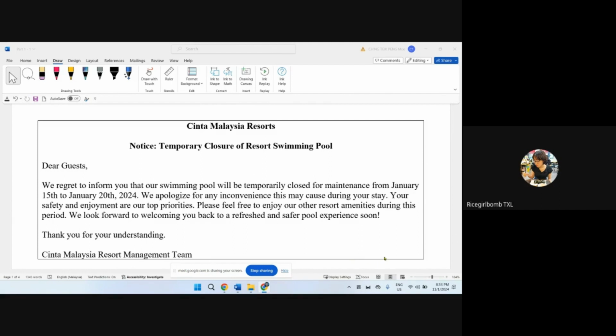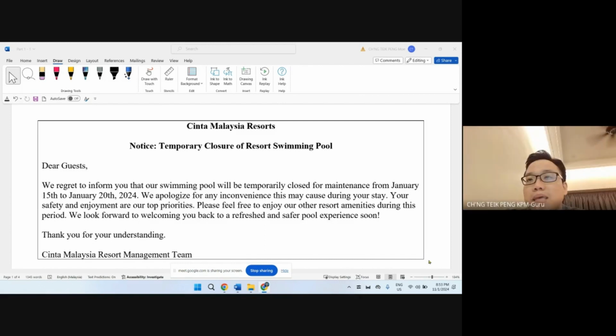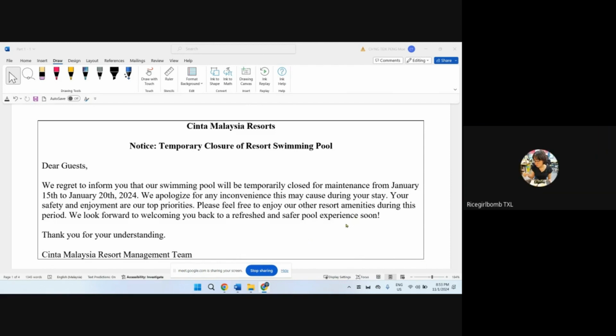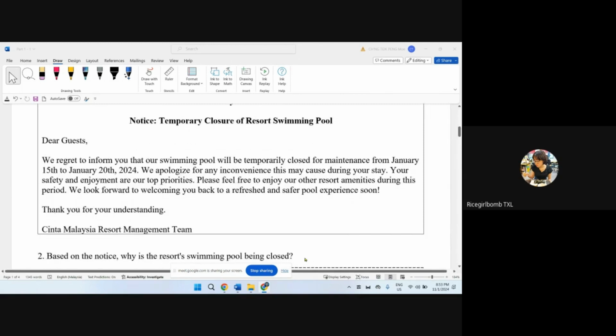Your safety and enjoyment are our top priorities. Please feel free to enjoy our other resort amenities during this period. We look forward to welcoming you back to a refreshed and safer pool experience soon. Thank you for your understanding. Cinta Malaysia Resort Management Team.